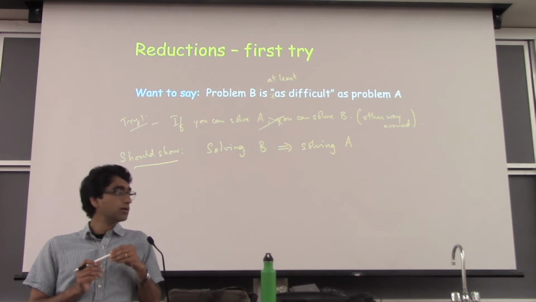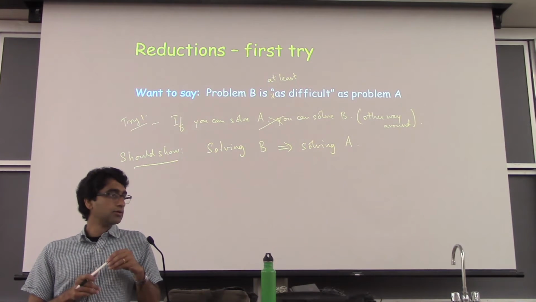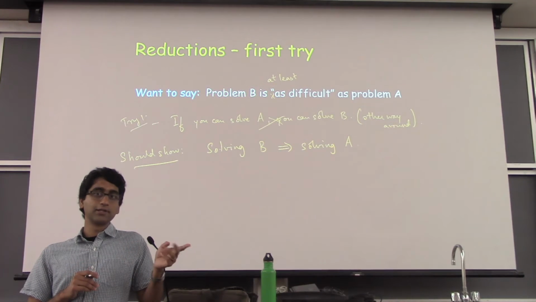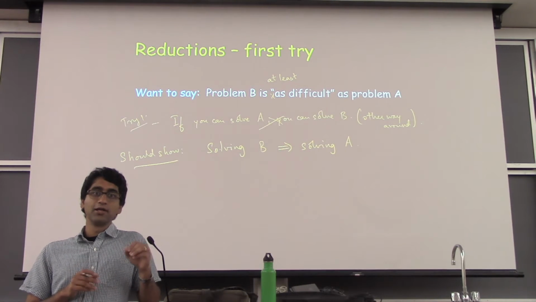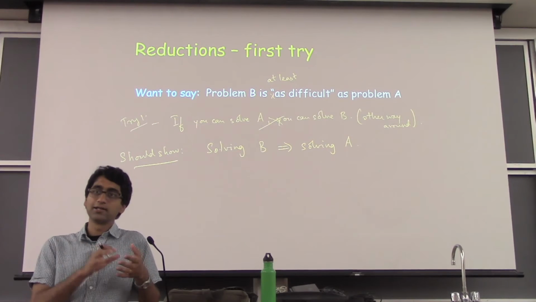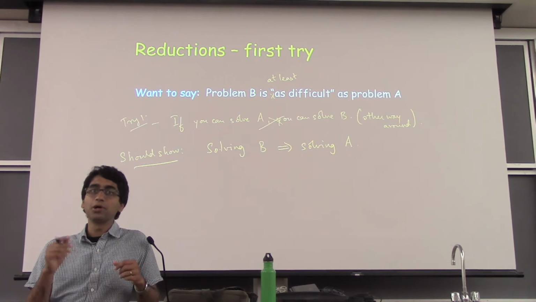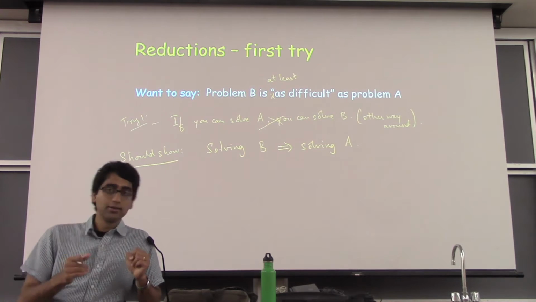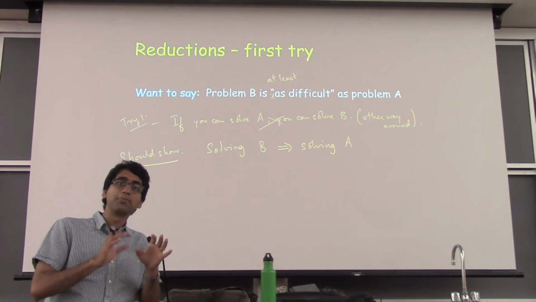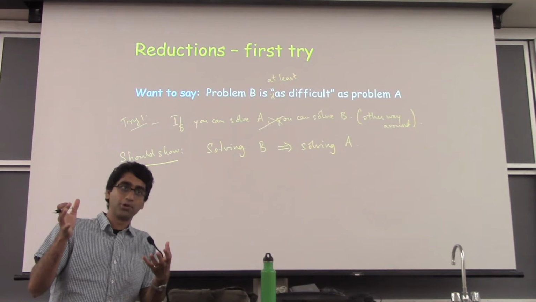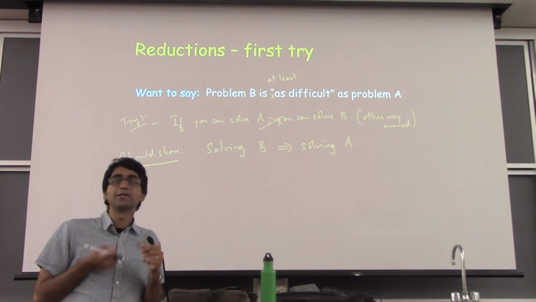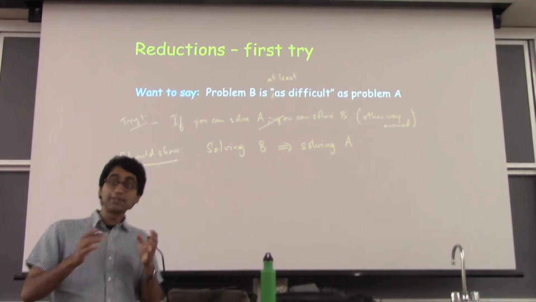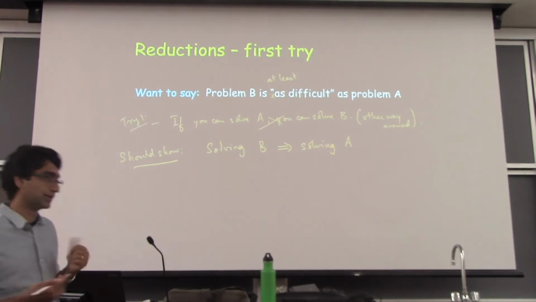If you have a subroutine that solves B, you can use it in an algorithm to solve A. So what he said is, if you have some form of a subroutine, let's say I give you a black box that can solve the problem B. Now the question is, can you make some queries to that black box and come up with an efficient algorithm to solve A? So this is one way of formalizing this.